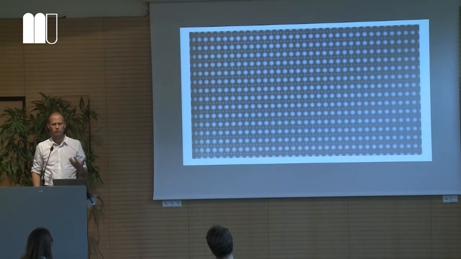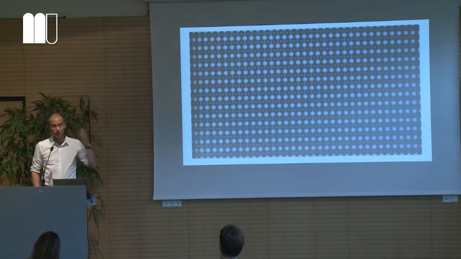It is often referred to as an artificial diamond structure, and this is how the surface looks when it has been visualized using scanning probe microscopy.